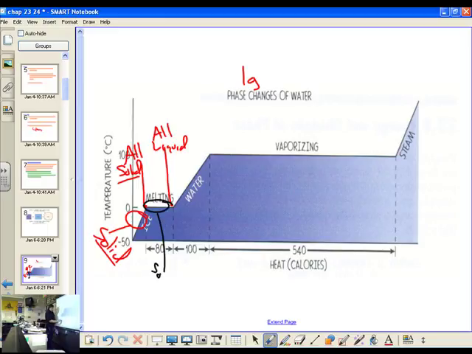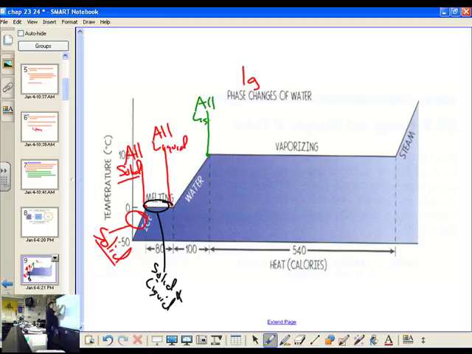In between, in this region, we're going to have solid and liquid, depending on where we are in that process. We start with a little bit of liquid, and then the solid slowly changes to liquid until we get to all liquid. When we get to the all-liquid state, we start to heat up.